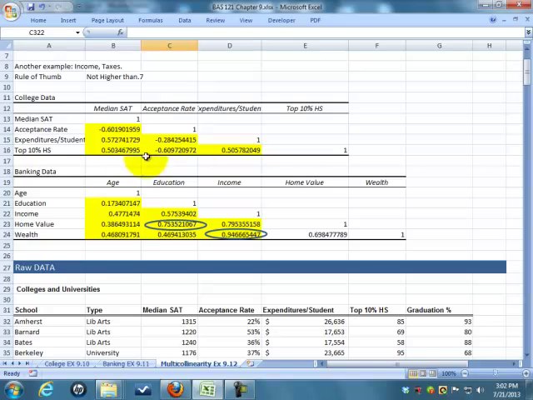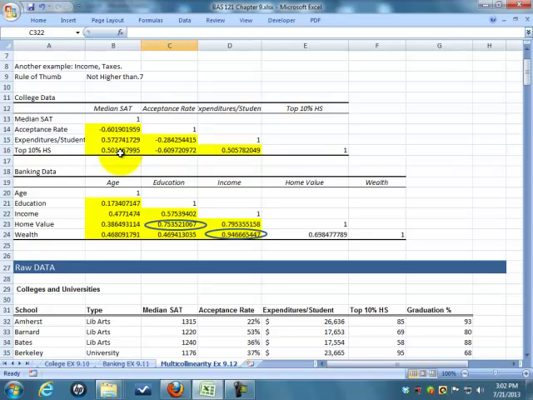And what you're looking for is any of these areas. This is the collinearity between median SAT and acceptance rate. Now, obviously, acceptance rate with itself is going to be 1. Then expenditure per student and median SAT: you can see if they're correlated or not. And a rule of thumb that the book gives us is you don't want this score to be higher than 0.7, in absolute value.